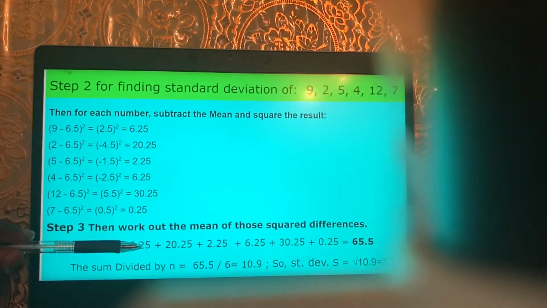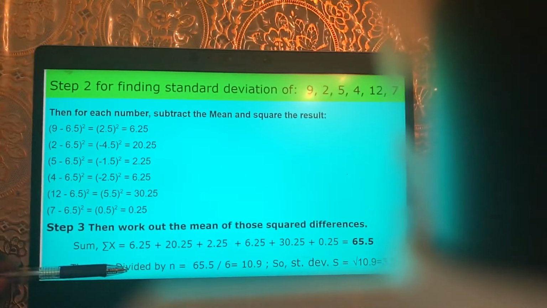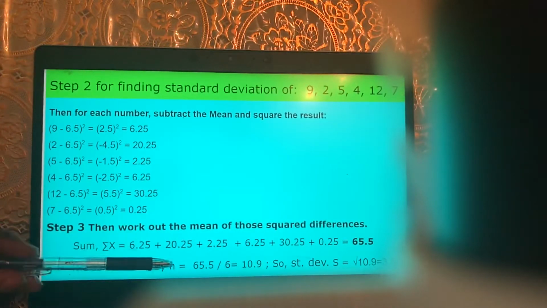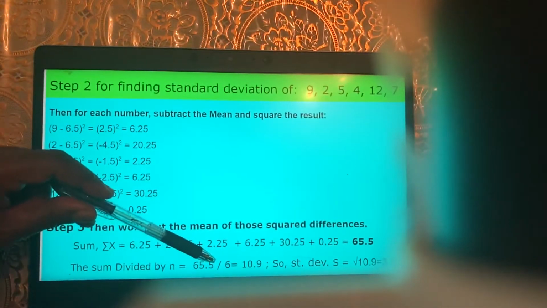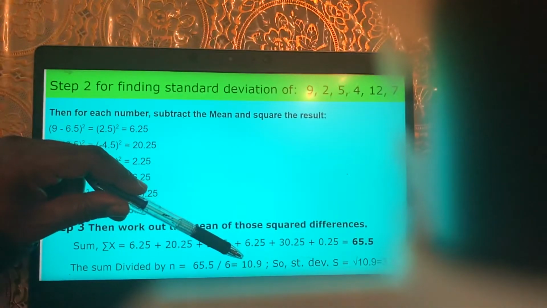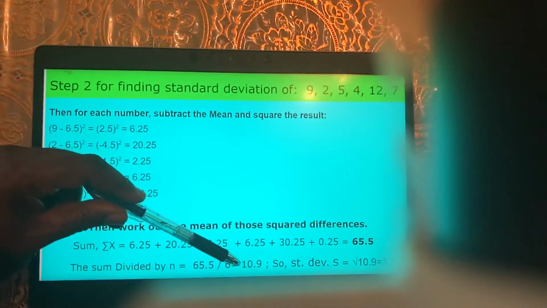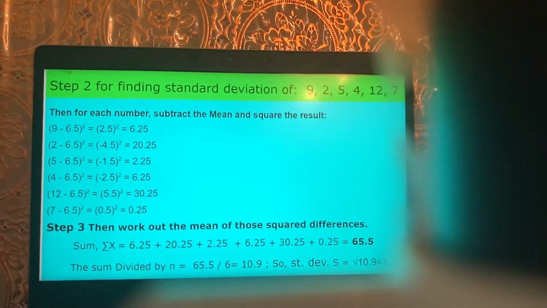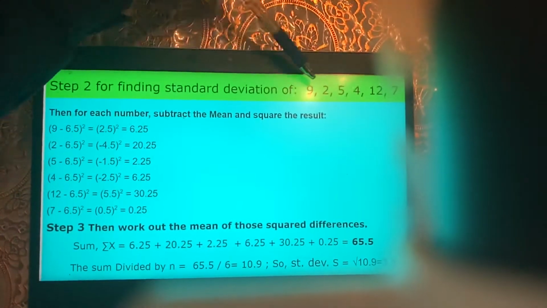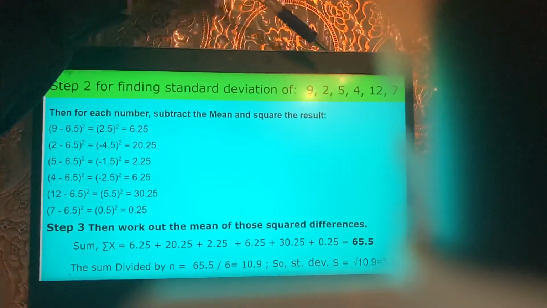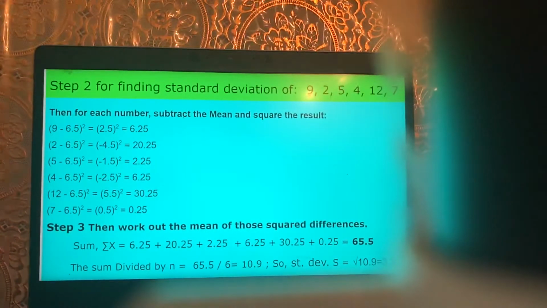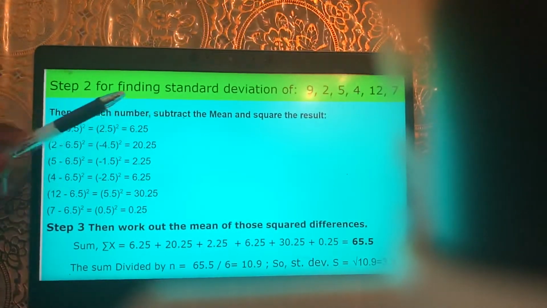We add them and divide by n, which is 6. The sum became 65.5. If you divide it by 6, it will be 10.9. So the standard deviation would be the square root of this, which is 3.3. So on average, these data values deviate from the mean, which is 6.5, by 3.3.